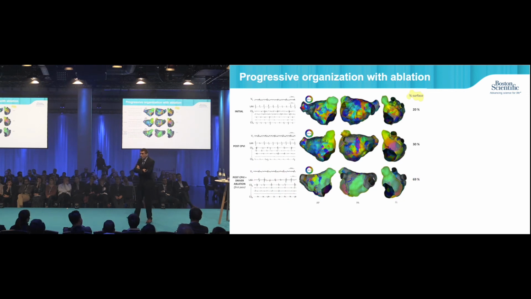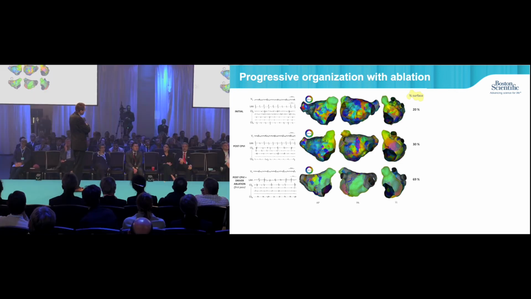And look what we can see with this, let's say, different stepwise approach. You can see in the upper part the initial maps that were performed in this case. 20% of the surface of the left atrium had a uniform propagation pattern. Once we performed the CPVI, that amount increased to 30%.